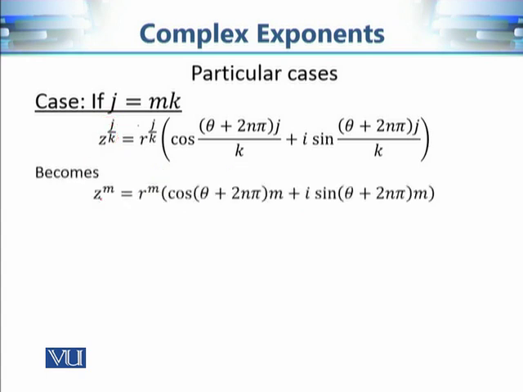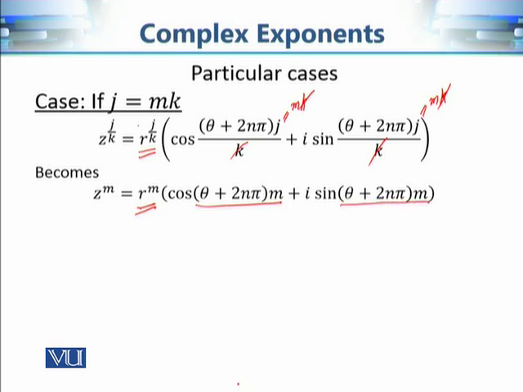So z raised to power m becomes r raised to power m, of course. When j is equal to mk, once again this k and k will cancel out each other, and similarly this k and k will cancel out each other. So we get cosine of theta plus 2 n pi into m, and similarly the same angle over here.